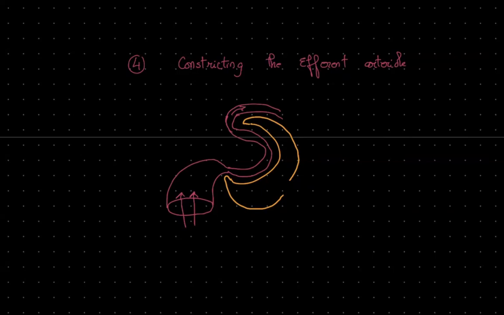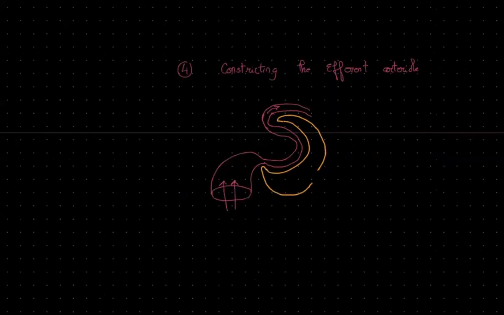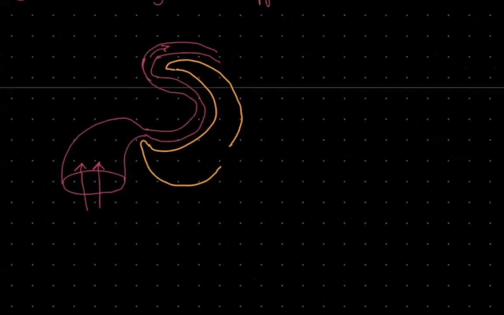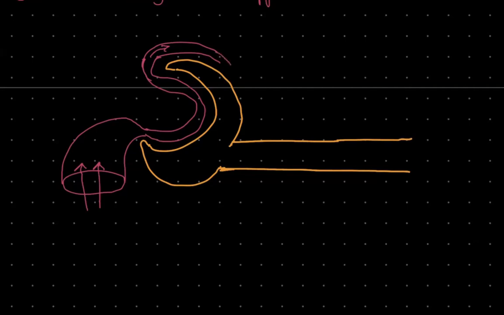Then I have the proximal and distal convoluted tubules and loop of Henle. We'll draw this as just one tube like this. The efferent arteriole is going to keep forming capillaries around the kidney tubules, and we call those my peritubular capillaries.